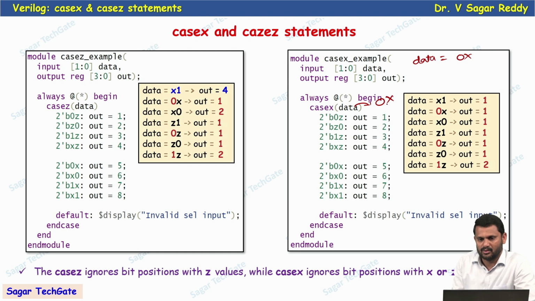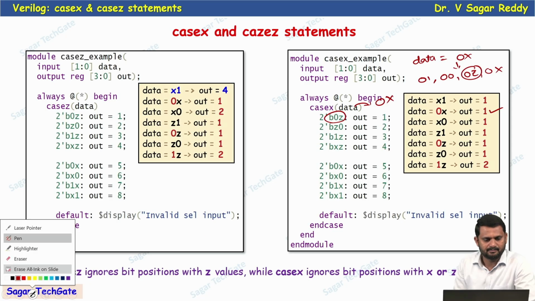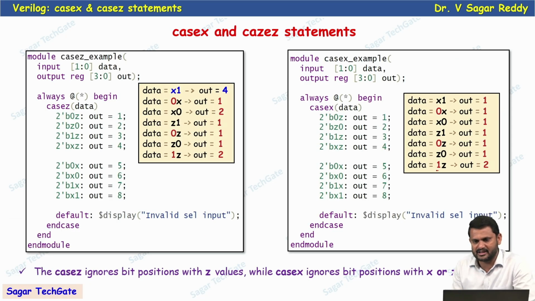Clear? So now 0x means what are the possible combinations? X can be treated as a don't care. So 01, 00, 0z and 0x. Clear? So now here see, this is a 0z. Already it matches with that 0z. Then output equals 1 in this case. Same way, let us consider 1z.